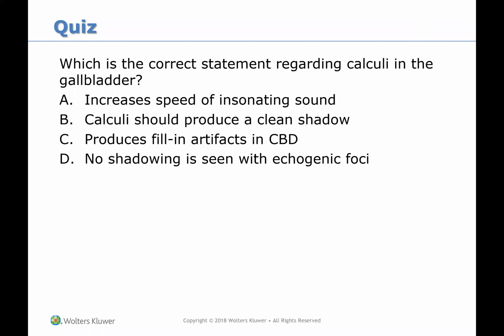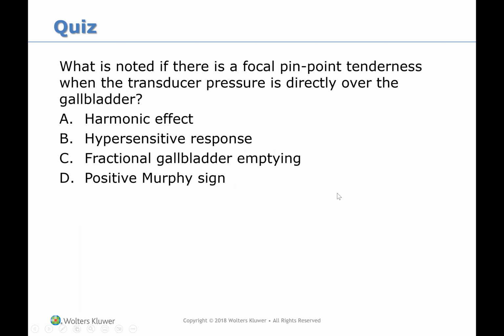Calculi should produce a clean shadow. So if you said B, you are correct. What is noted if there is a focal pinpoint tenderness when the transducer pressure is directly over the gallbladder? It's called a positive Murphy sign, D.